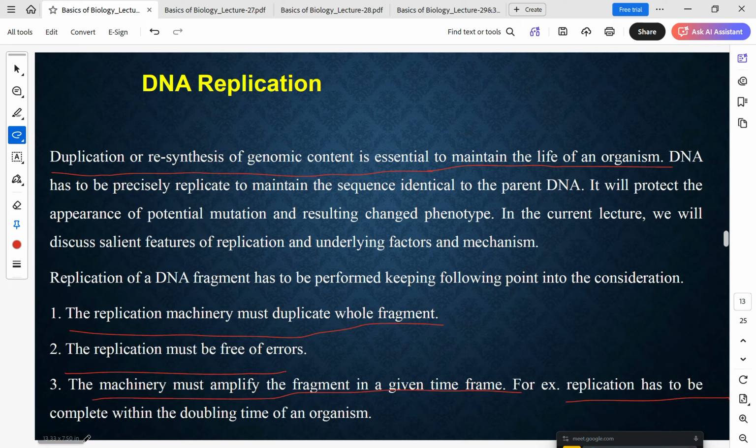For example, it has to complete within the doubling time of an organism. If it exceeds that, then there is no point, because the organism has to divide after a certain point. Because of this, there might be a chance that the ploidy level or the chromosomal concentration of the organism changes.